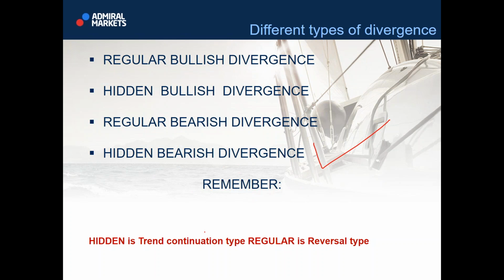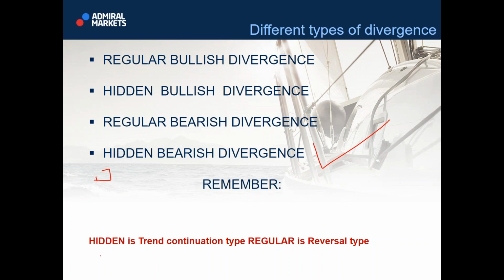Okay? Remember, I intentionally left exaggerated out of the PPT. I will show you later, but it's very important for you to remember this. Hidden is trend continuation type, regular is reversal type. This is very important.